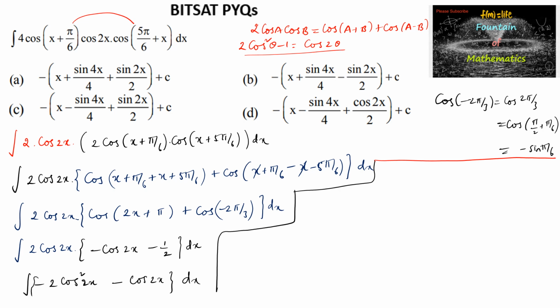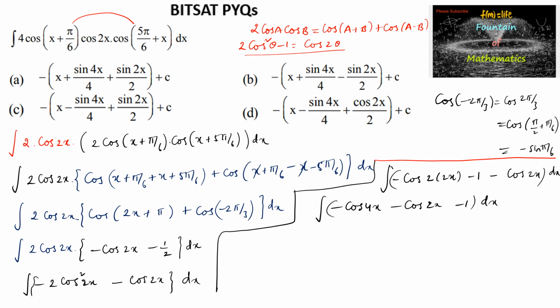So 2 cos square theta we can write as 1 plus cos 2 theta, and negative is, so we can write integral minus cos 2 theta, that is minus cos 2 times 2x, minus 1, and again minus cos 2x whole dx, that is integral minus cos 4x minus cos 2x and again minus 1 whole dx.